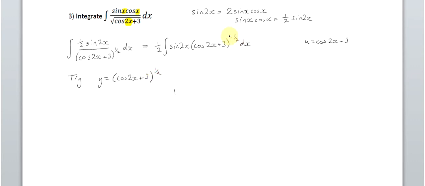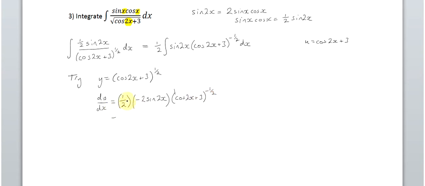Notice I've added 1 to the power, which means that dy by dx is going to be equal to a half. That comes down. Now, cos 2x differentiates to negative sine 2x, so it's negative 2 sine 2x. And then of course I've got the cos 2x plus 3, and that drops down to minus a half at that point.